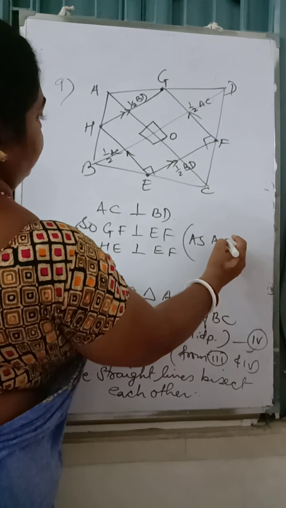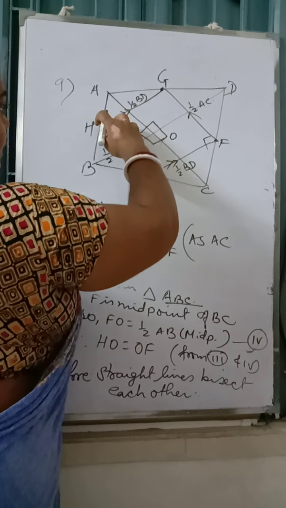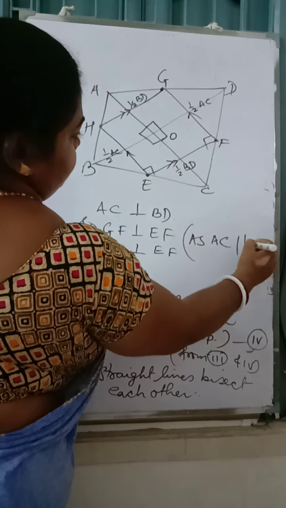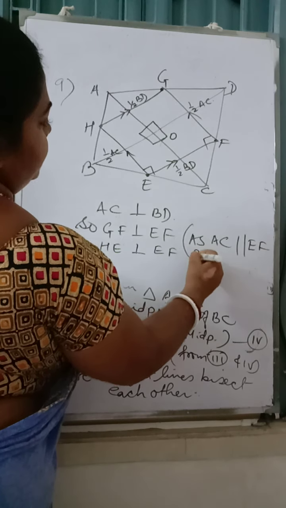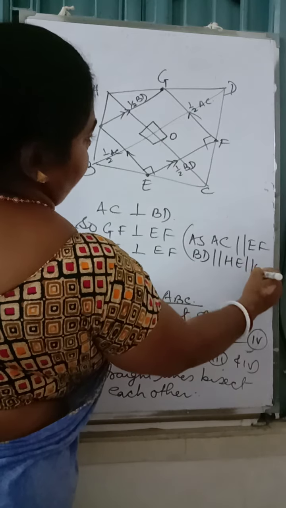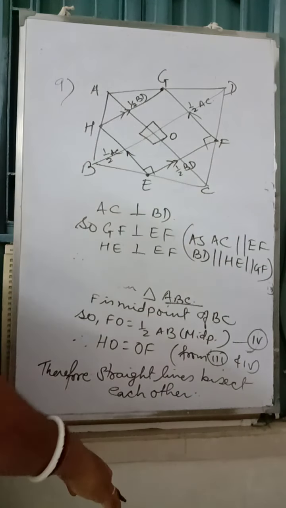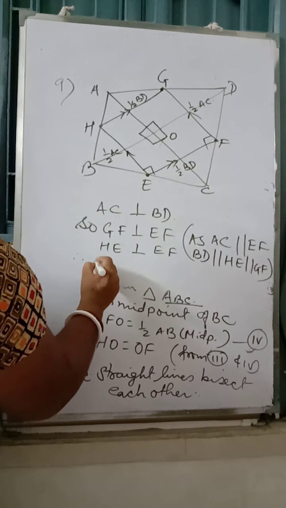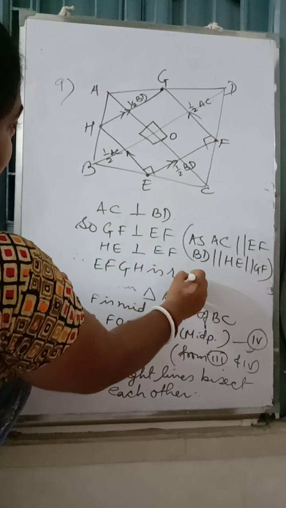AC is parallel to EF and BD is parallel to HE, GF. So if one line is perpendicular, the other parallel lines would be perpendicular. Therefore, EFGH is a rectangle.